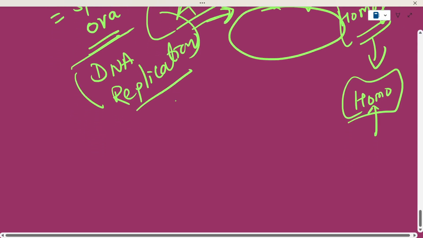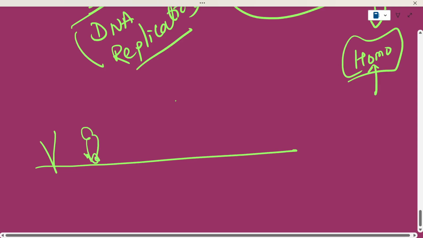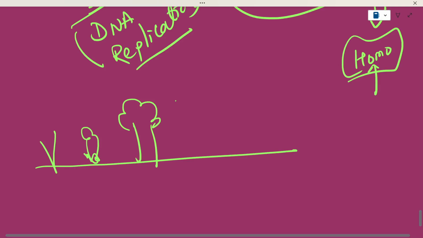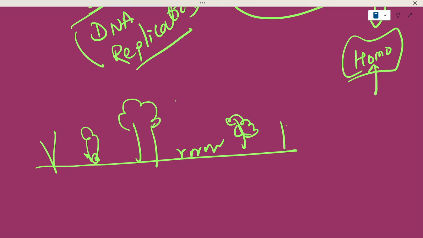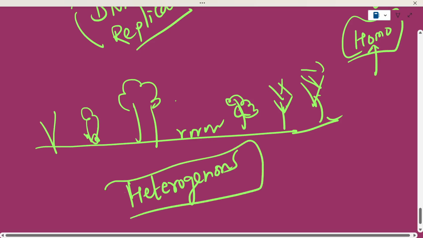For that, let's take another example. For example, this is a piece of land, and here there are different kinds of vegetation. So we can say the vegetation of this particular piece of land is heterogeneous.